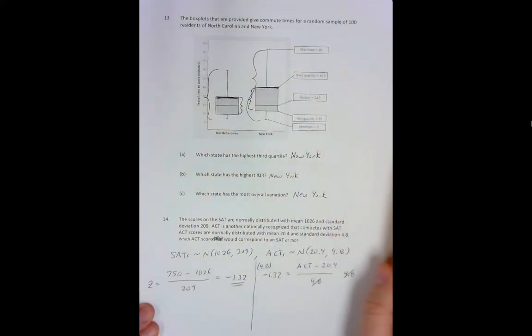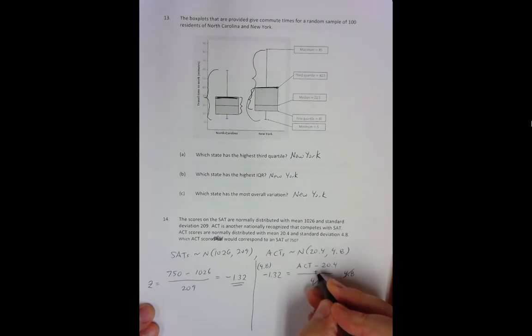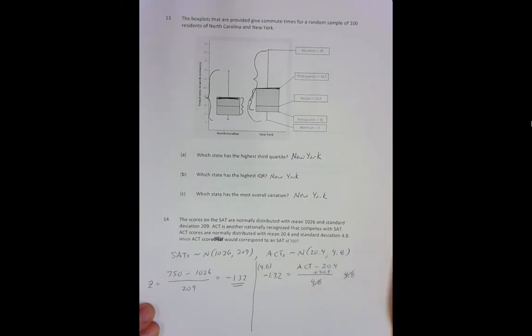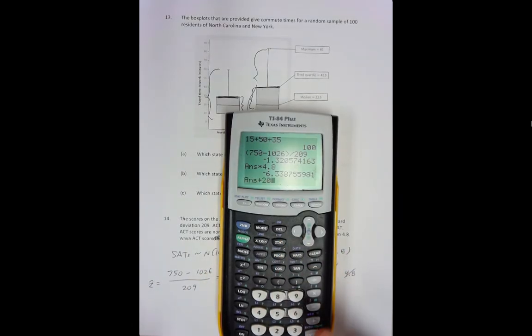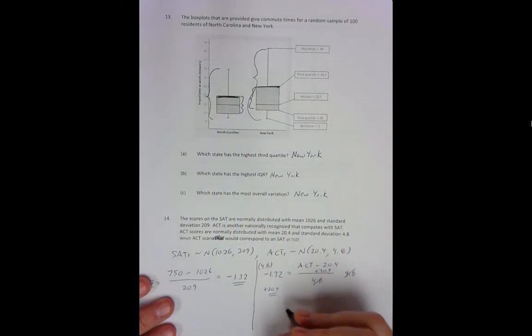Now the next thing I need to do to isolate the ACT is clearly add 24.4 to both sides. So guys, that would correspond approximately to a 14.